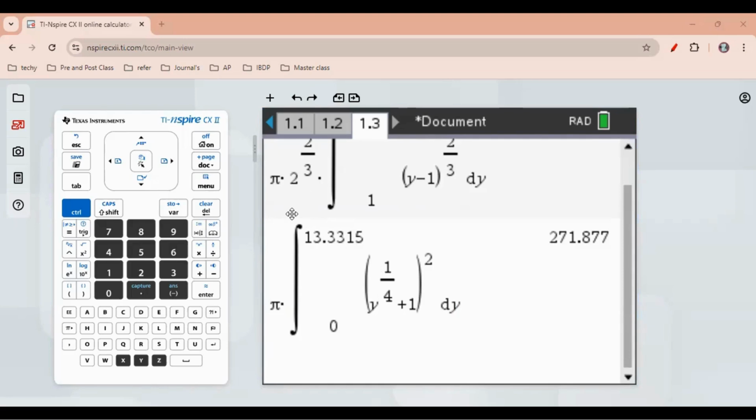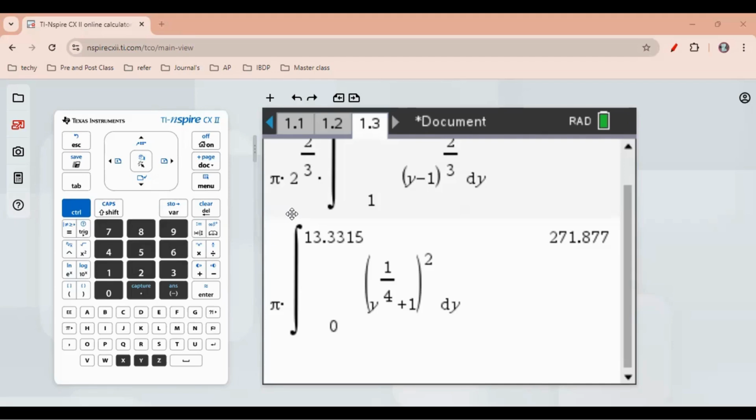To find the volume of the region in between, required volume in C case, we are solving for C, is outer surface minus inner surface. Outer surface will have more volume, right? So 271.877 minus volume of inner surface, which we found around 196.946.